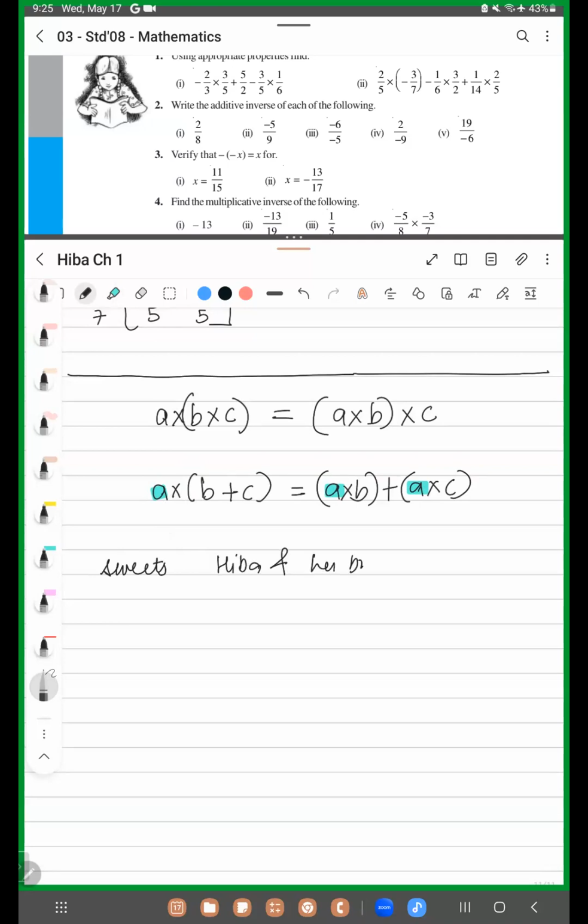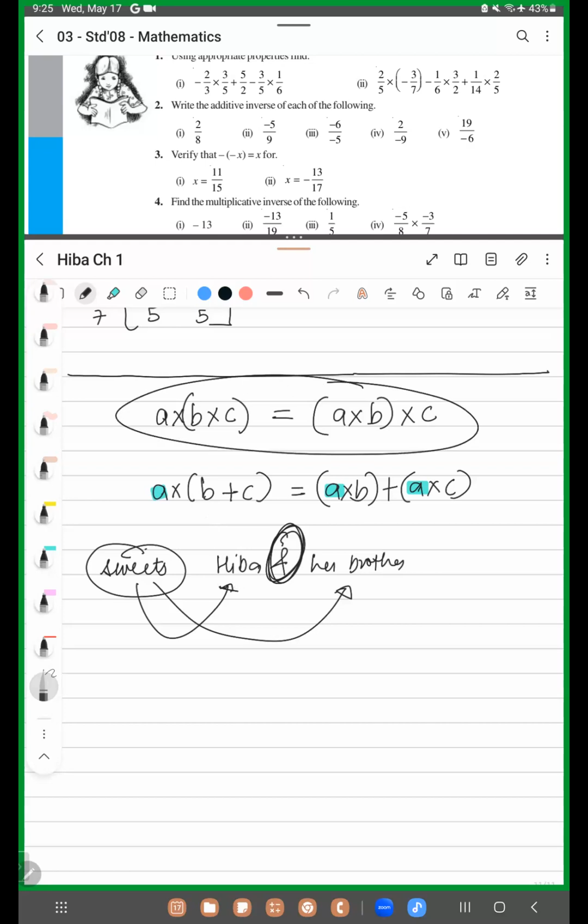What does it mean? I am giving sweets to Hiba and I am giving sweets to her brother. This is the distributive property. I am distributing the sweets to Hiba also and to her brother also. Are you understanding?